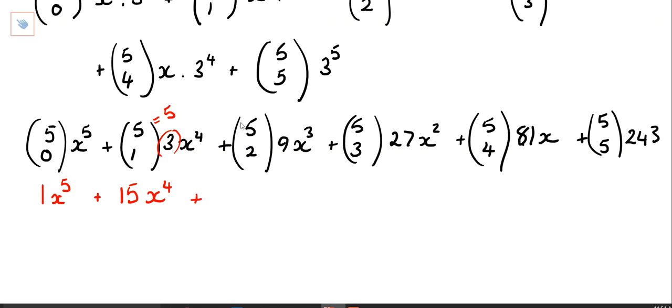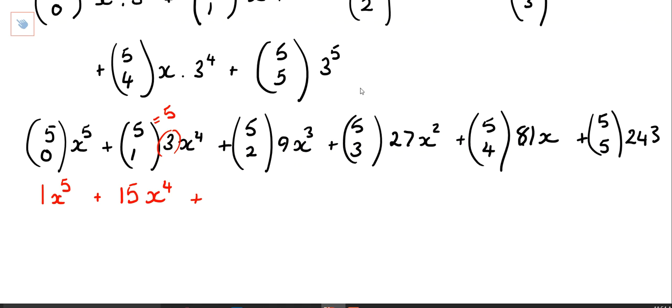Plus, well, now we might need to work them out. If we've got a situation like this, remember how to use your calculators for it? You've all brought your calculators? You all know how to do the nCr thing for these coefficients?